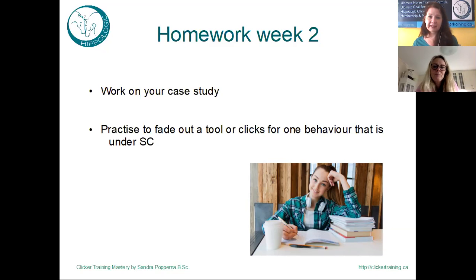So we can think of one of the key lessons, for instance, stepping onto a mat. We can fade out the clicks for stepping on the mat and ask for a second behavior and click that.